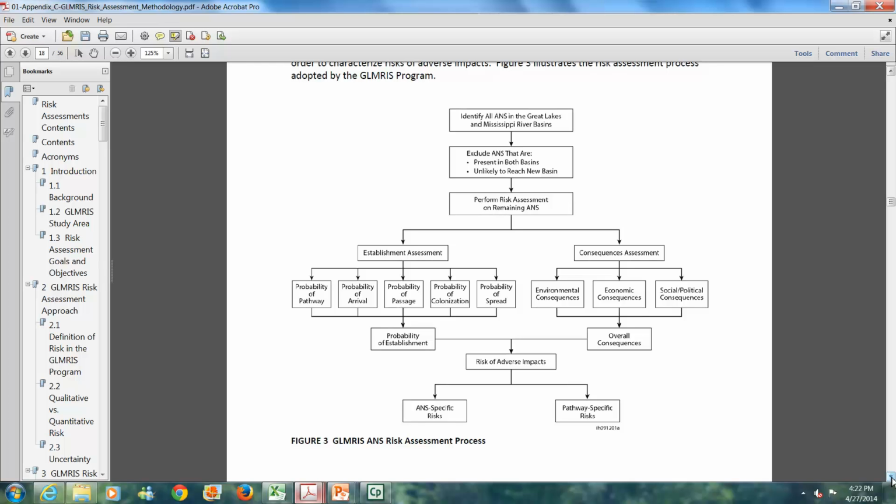Those 2 pieces together are combined to identify a risk of adverse impacts for an individual aquatic nuisance species. Those risk results, in turn, are used to make judgments about the overall riskiness of a particular species and the overall riskiness of a particular pathway.